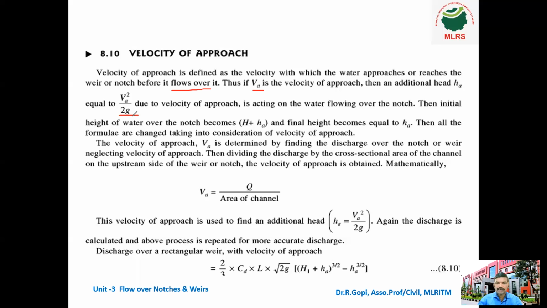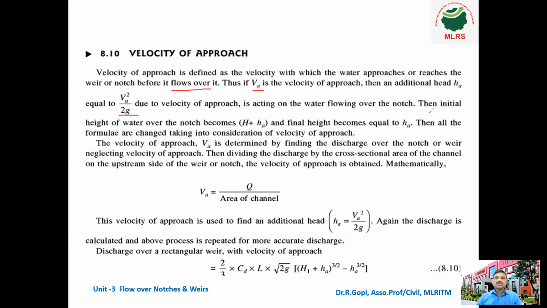We know the velocity head formula in Bernoulli's equation is V square by 2g. So here it is VA square by 2g, due to velocity of approach, acting on the water flowing over the notch.